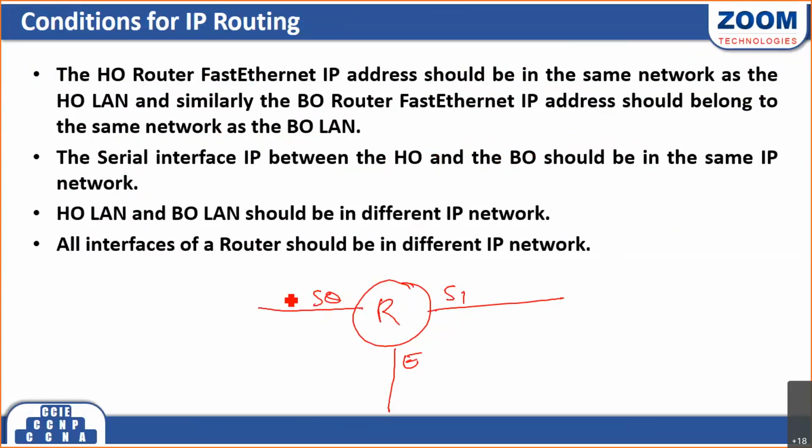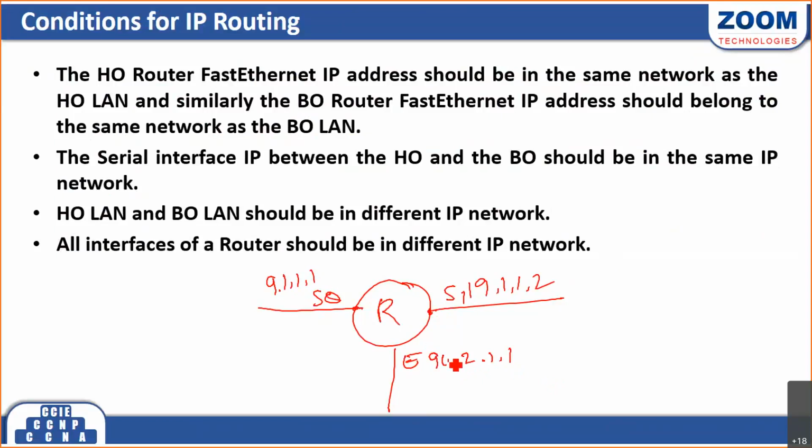So for S0 I'm using 9.1.1.1. For S1, can I use 9.1.1.2? No, an overlap will come. I'm using 19.1.1.2, yes. For Ethernet, can I use 9.2.1.1? No, S0 already uses the 9 network.